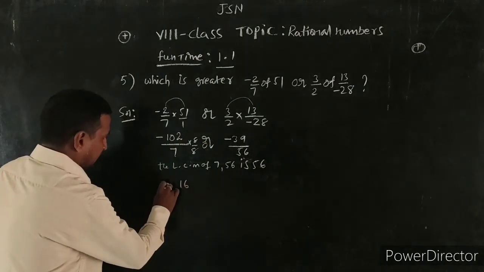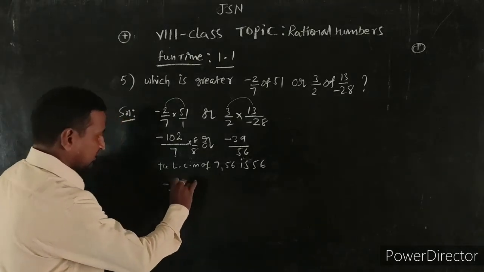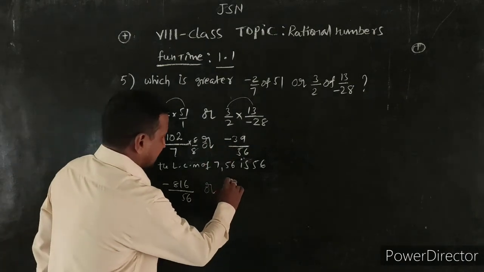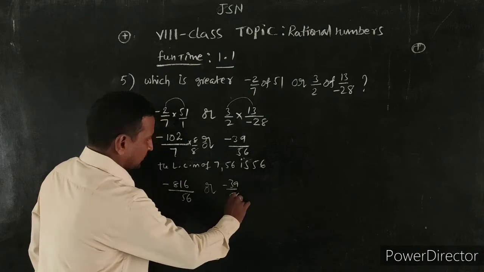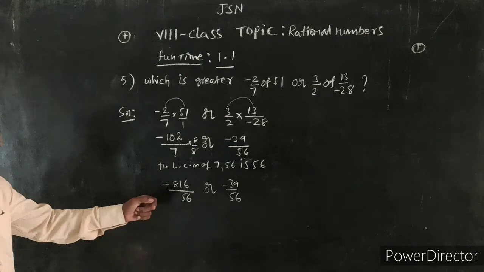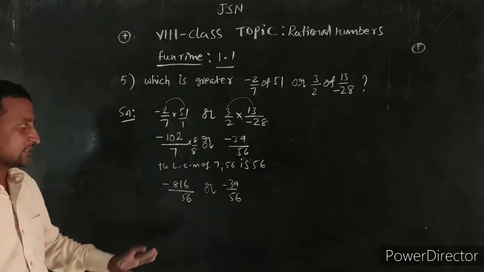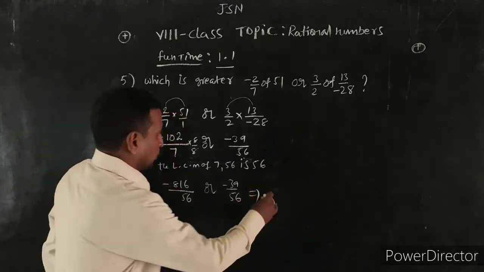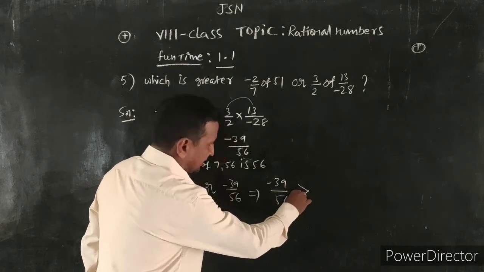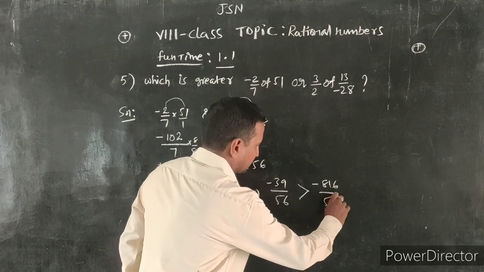Minus 8 twos are 16, minus 816 by 56, or minus 39 by 56. Now compare these two numbers. So minus 39 by 56 is greater than minus 816 by 56.